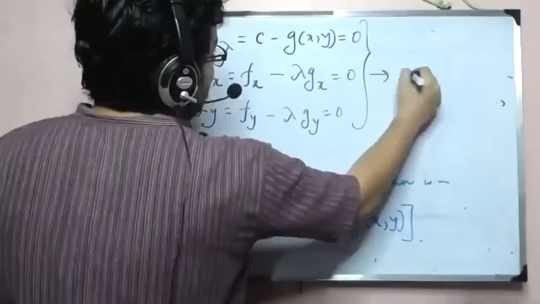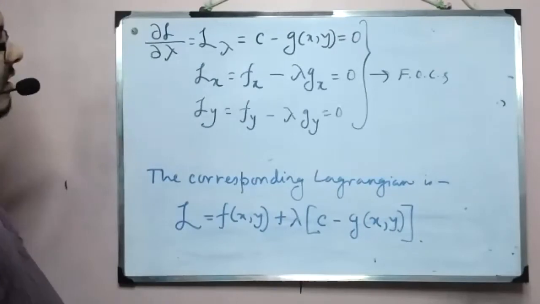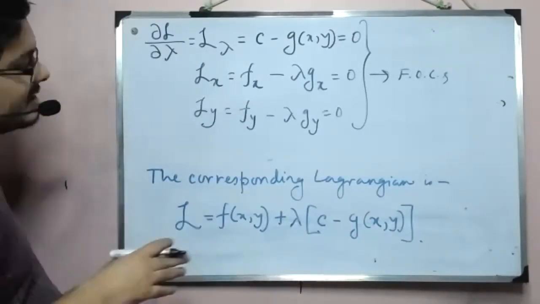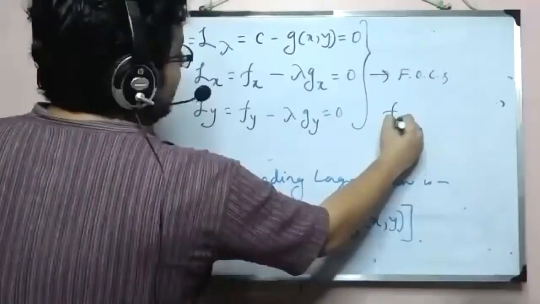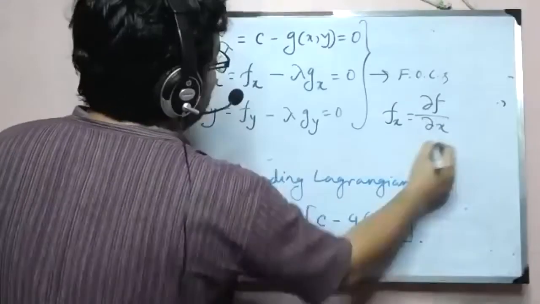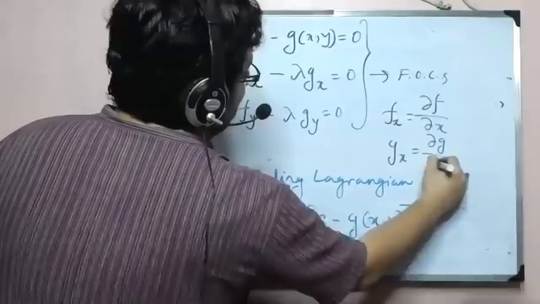So these are the first order conditions of the general structure of the problem. To write explicitly, fx means del f del x and gx means del g del x.